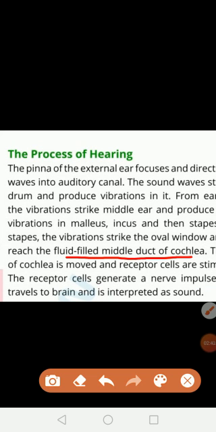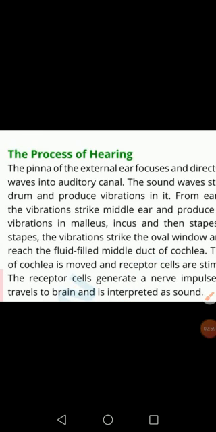In the cochlea there are sound receptors which are stimulated, and these receptors generate a nerve impulse and it travels to the brain and is interpreted as sound. So this is the process of hearing.